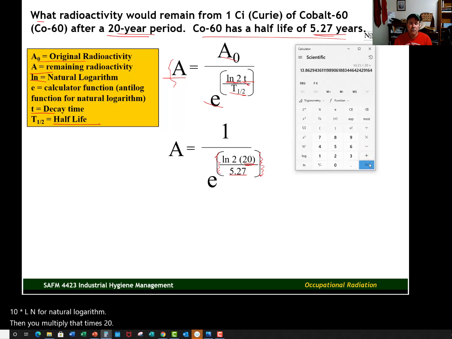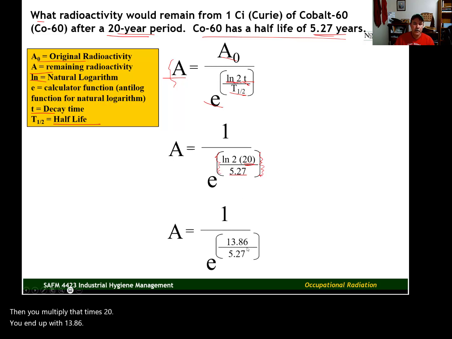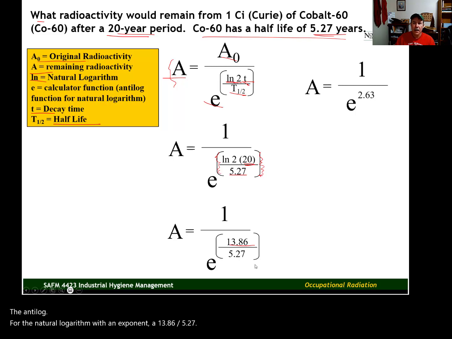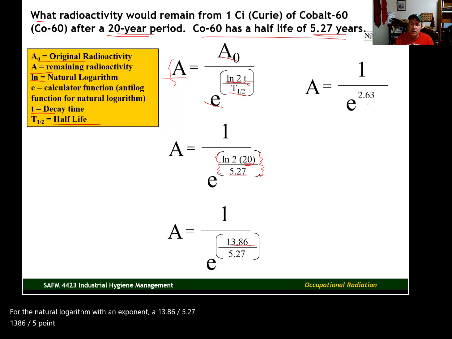You end up with 13.86, for the natural logarithm of 2 times 20. Now that leaves us with the analog for the natural logarithm with an exponent of 13.86 divided by 5.27. 13.86 divided by 5.27 is 2.63.